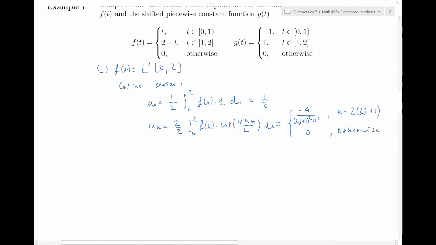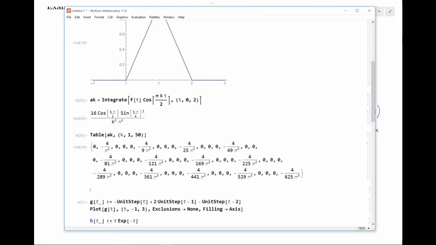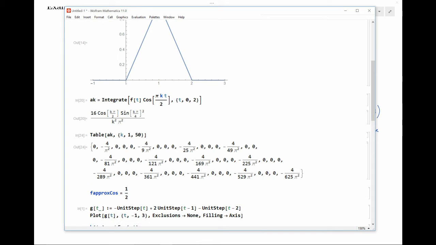Let's see how this cosine series represents my function. So the approximation of f with the cosine series will be 1/2, which is the coefficient a0, plus the sum of ak times the cosine of pi kt over 2.